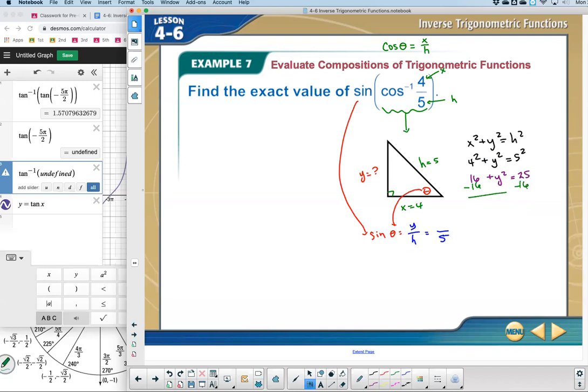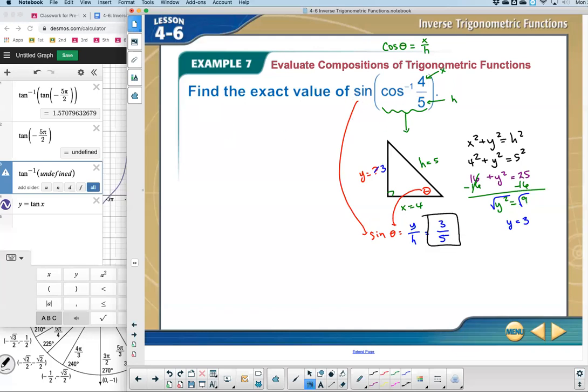Now I have y squared by itself equal to 9, and I take the square root. Normally we would say plus or minus, but if you remember what I was saying earlier about the first and quickest answers, when you deal with triangles and trigonometry, we're going to take the positive value. So I'm just going to take positive 3. I just learned that y is positive 3, so my answer has to be 3/5. That's my solution here.